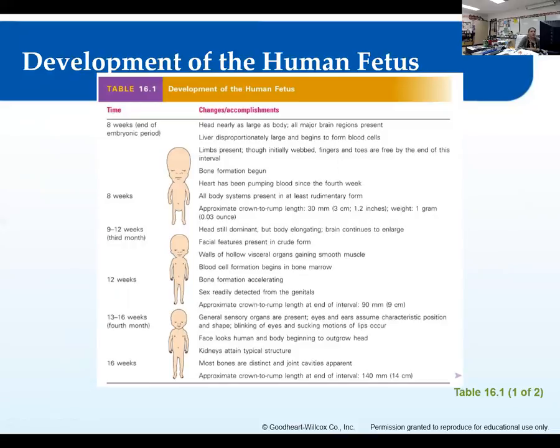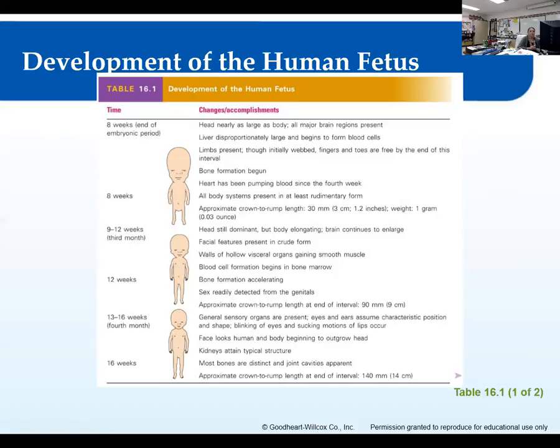Limbs are present. Initially they're webbed, but by the end of that week they are already separated and have good fingers and toes. Bone formation's already begun, the heart started pumping, and the body systems are present. About 1 gram, about 1 inch long at this point.